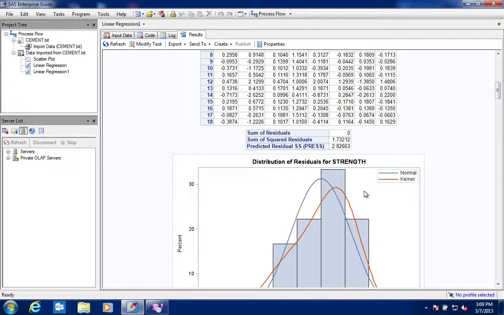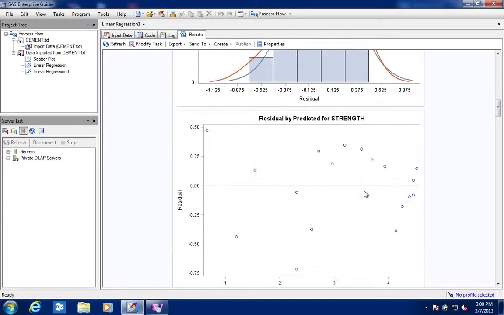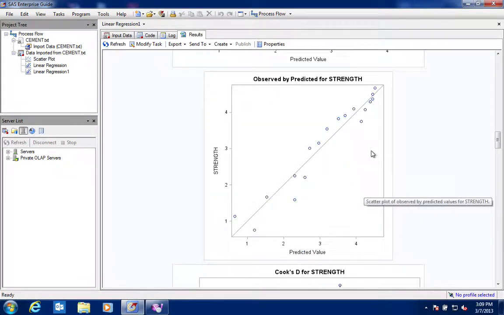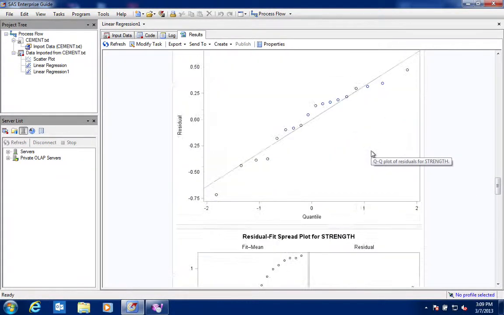F statistic as usual, okay, it's decreased to 2.82, 660.